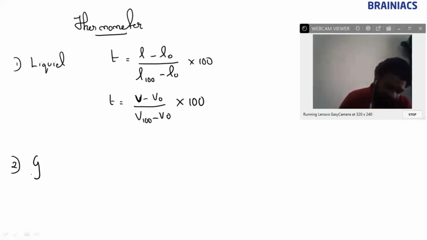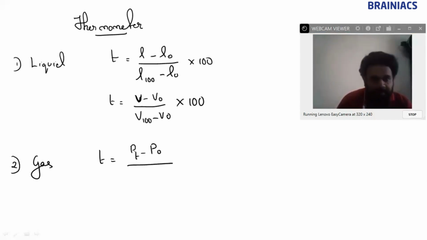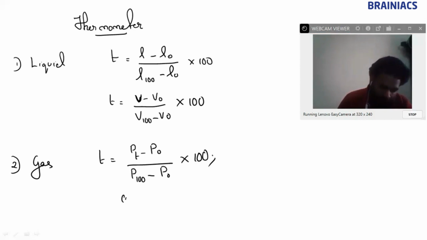Then gas thermometer. T could be Pt minus P naught divided by P100 minus P naught, into 100, where Pt is the pressure at that particular temperature, P100 is the pressure at 100, and P naught is the pressure at 0. This is the case at a constant volume.